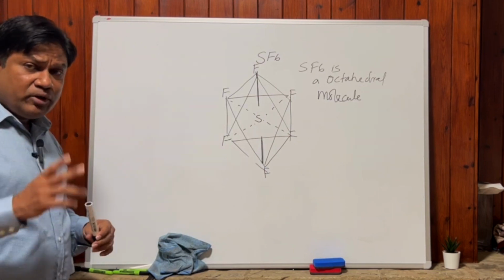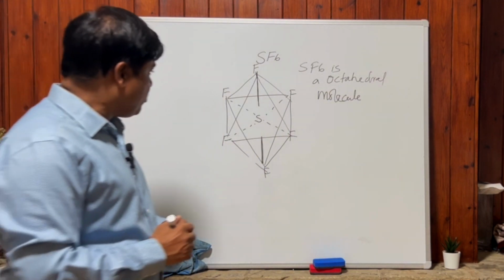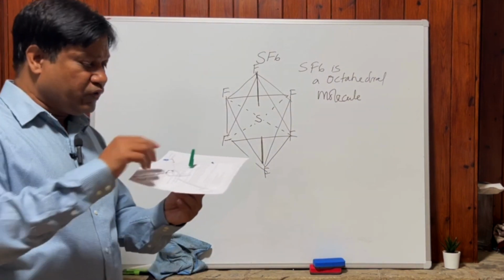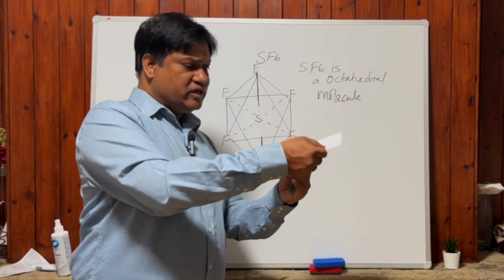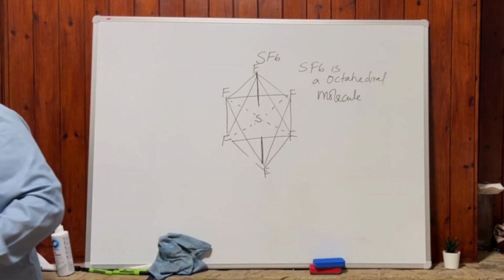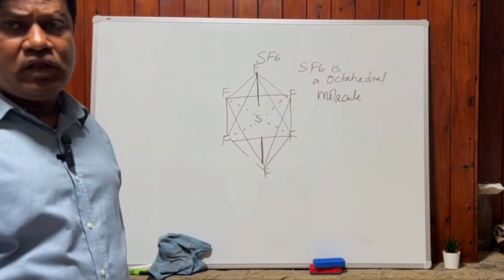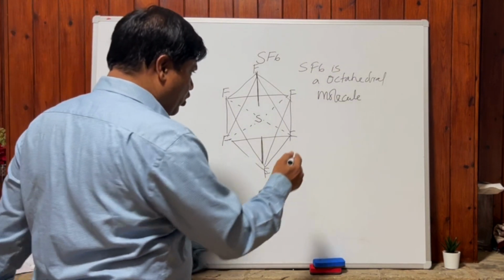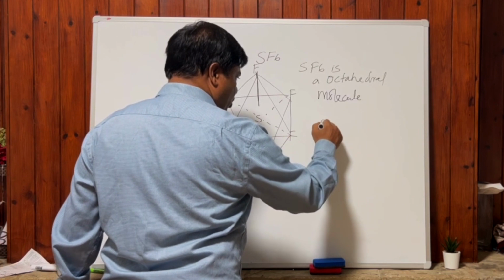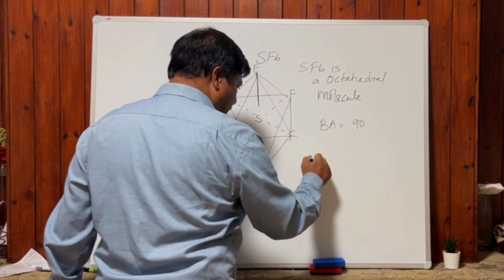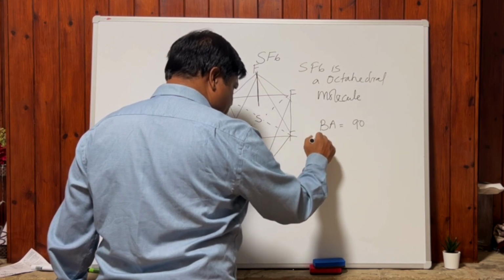Now, can you let me know what's the bond angle? Look at that. Each corner is 90 degree, 90 degree, 90 degree, 90 degree. One of the past paper questions: give an example of a molecule having 90 degree bond angle. You can get this kind of question also.